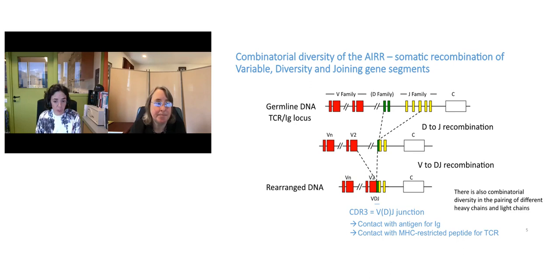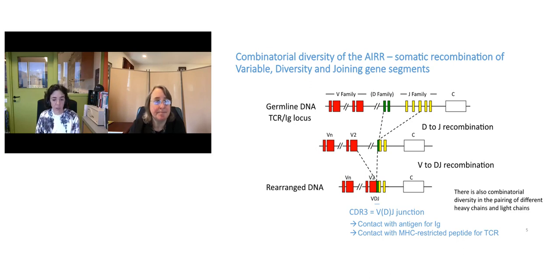And there is a process of somatic recombination that takes one member of each given family to be recombined together. This leads to a unique rearranged DNA molecule that corresponds to the rearrangement for each chain of the TCR or the BCR. One important thing during that recombination process is that there is additional modification during the rearrangement that leads to a unique region called the CDR3, which corresponds to the junction between the V, the D, and the J genes.